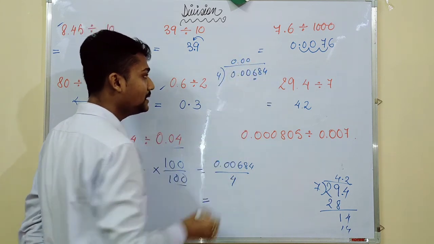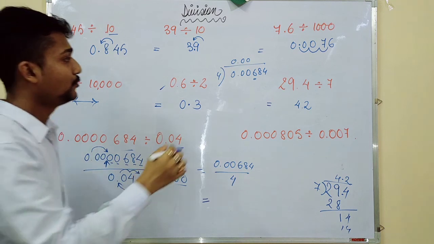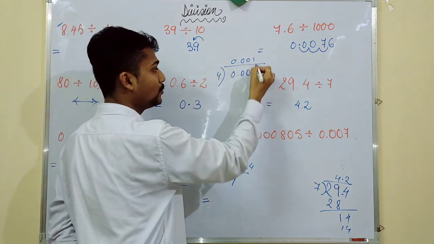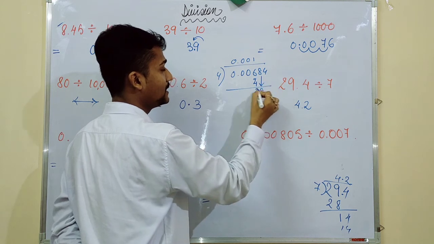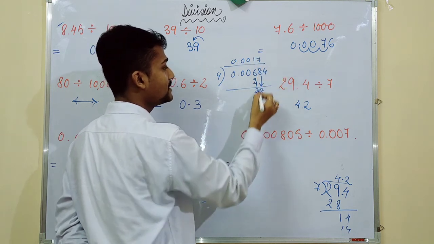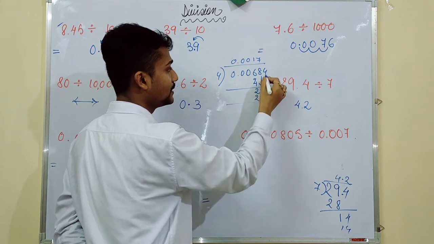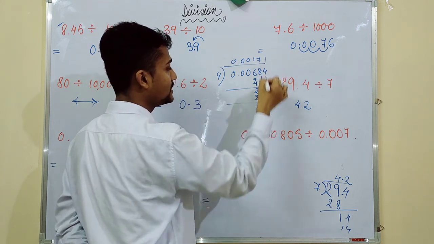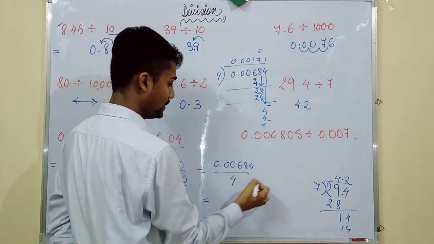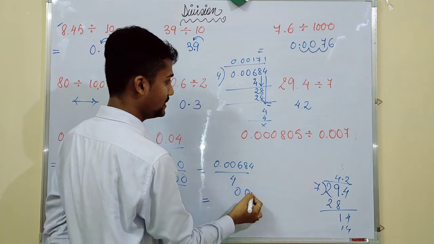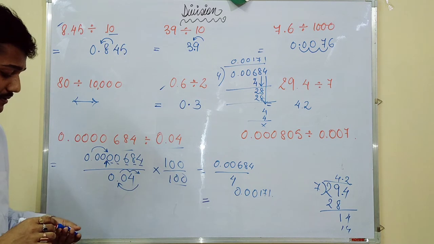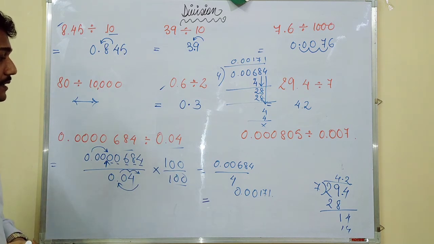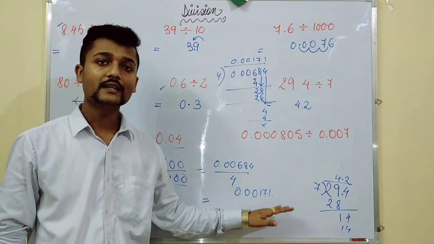Now I am coming here. 4, how much? 4 ones are 4. 2. 8 will be coming here. 4, how much? 4 sevens are 28. 4 ones are 4. So it will be 0.00171. So this is your required value.